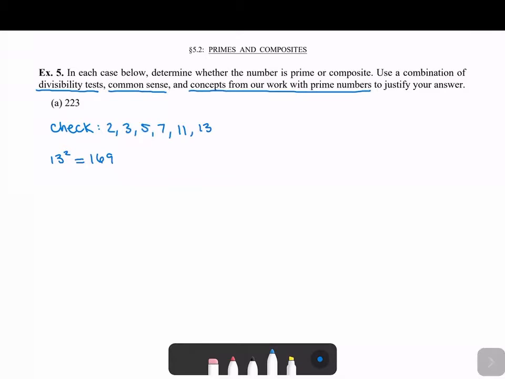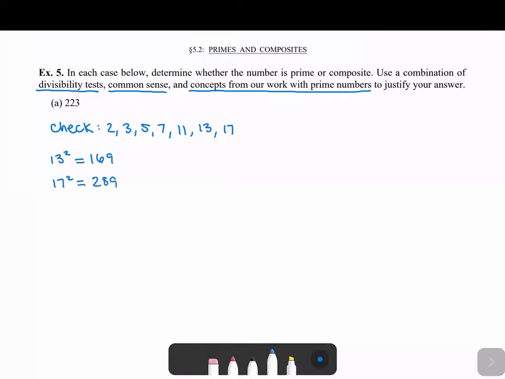Okay, and the next prime number that we have is 17. So then let's look at 17 squared, right? Because we're only looking at odds, and 15 is composite. So again, if you don't know this, you can just write it out. 17 times 17 is 289.